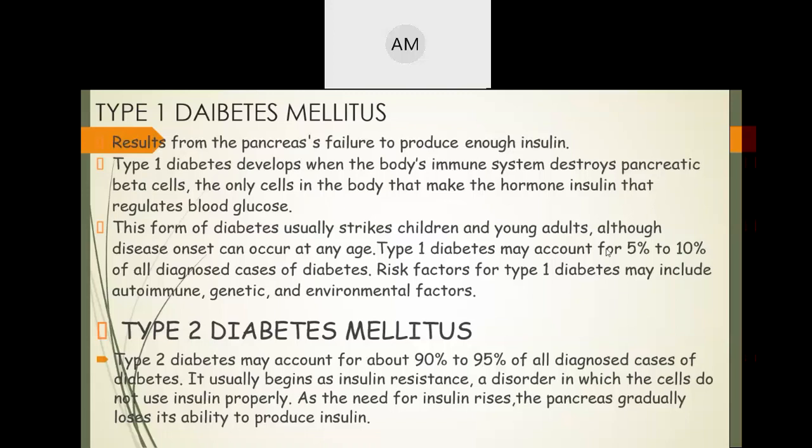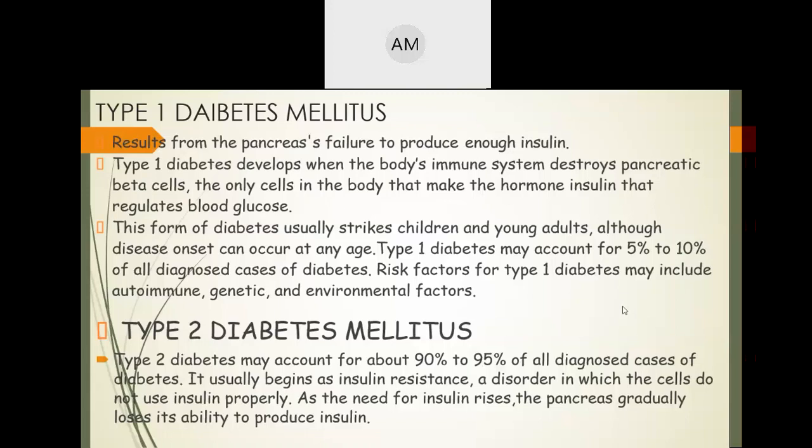This form of diabetes usually strikes children at a young age. It accounts for almost 5 to 10% of diabetes, whereas the other type, type 2, is more prominent in today's age and accounts for almost 90 to 95% of diabetes cases in total.